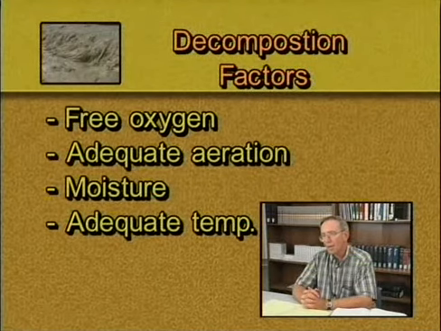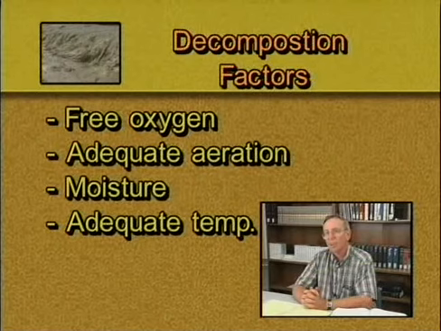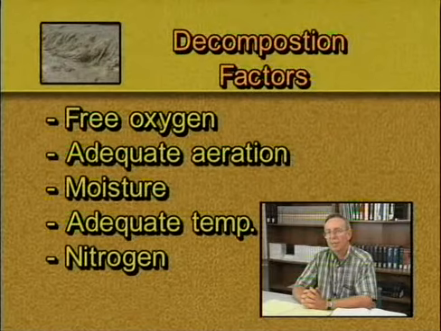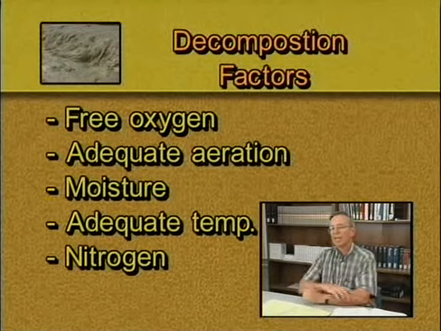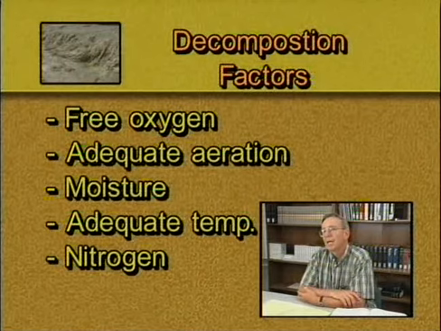One of the things beyond those that we've already talked about that has a very dramatic effect upon the rate of organic matter breakdown in a soil is the amount of nitrogen in that material. Nitrogen is the most limiting nutrient for crop growth under field conditions. The higher forms of plants we're growing as a crop utilize high levels of nitrogen, and it's typically not found naturally in the soil in that high of a level.